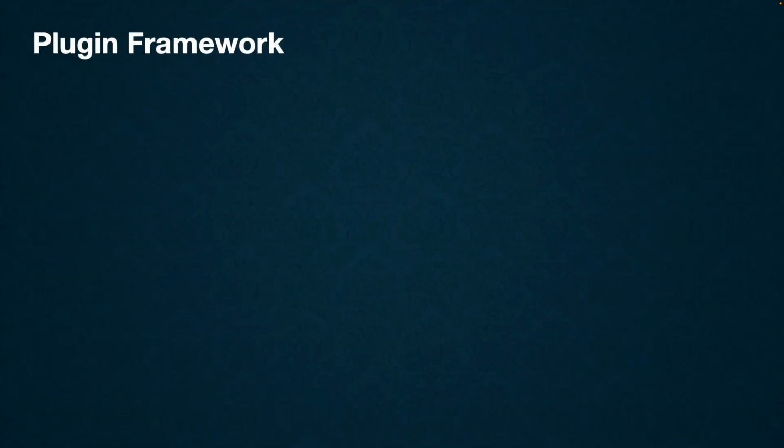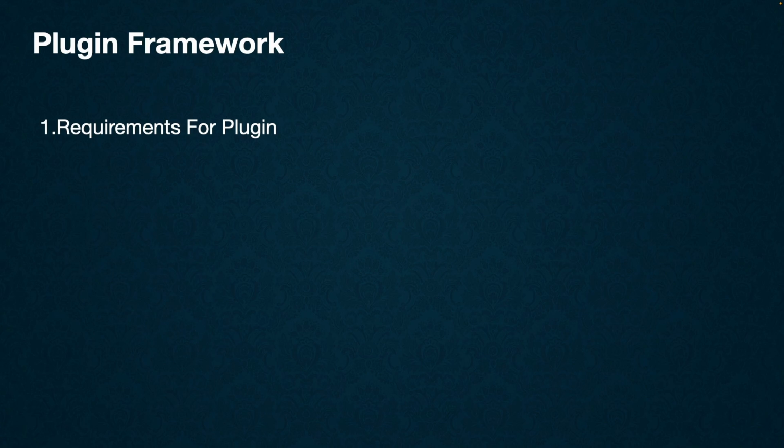Then the second chapter is the plugin framework. In this plugin framework, first we will see the requirements of a plugin. There are some basic requirements for plugins, and here we will discuss that. And then there are best practices.